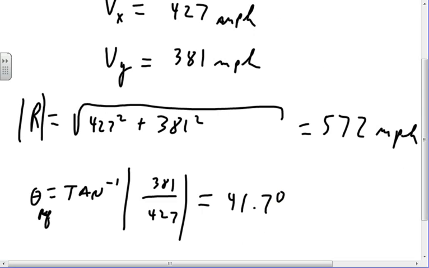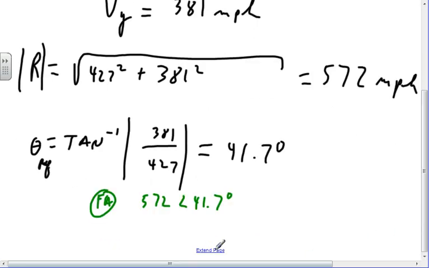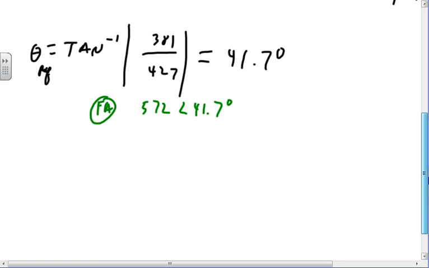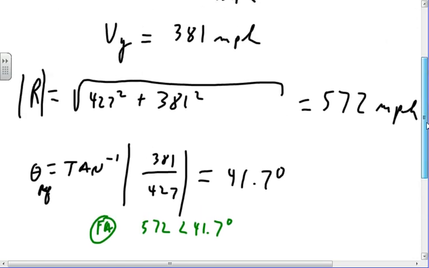So I have a final answer: 572 angle 41.7 degrees.